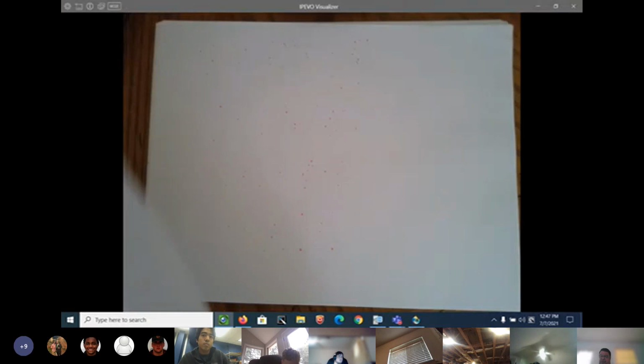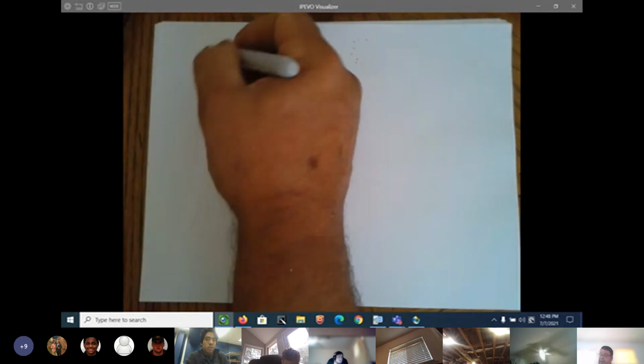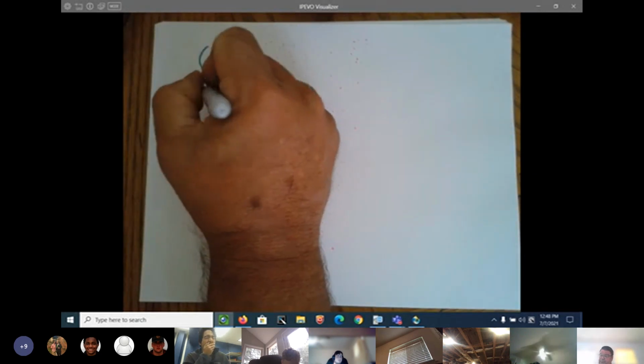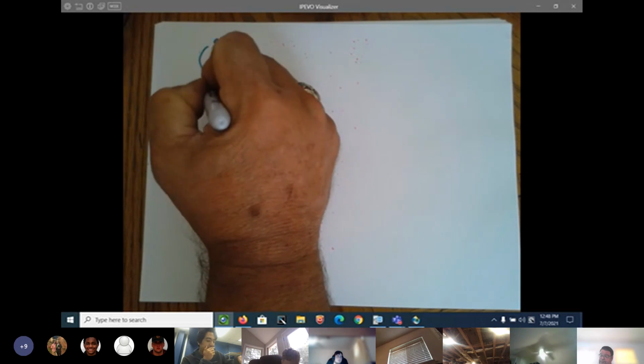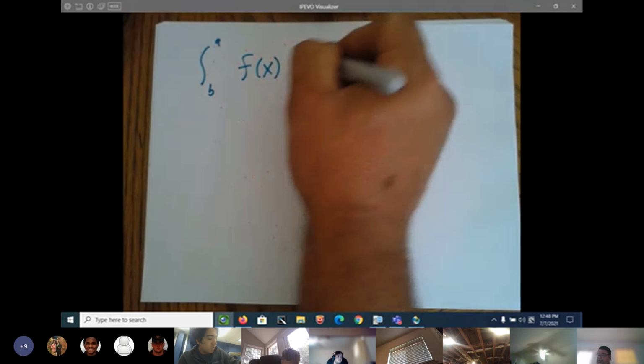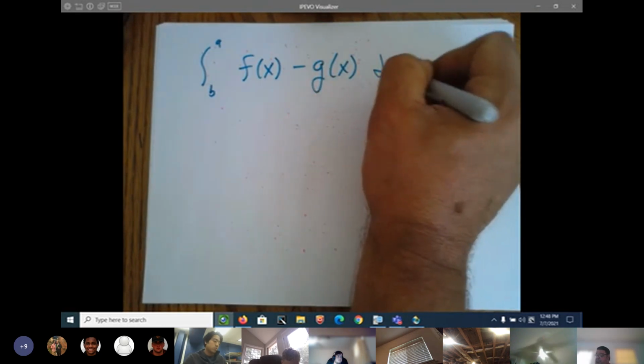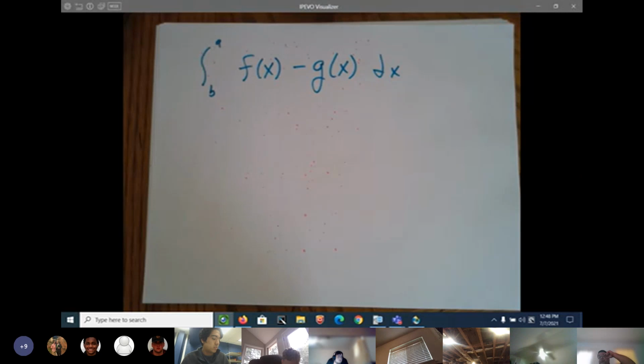How do you set up your antiderivative? What's the equation going to be? Well, it's always going to be the antiderivative from a to b of f of x minus g of x dx. That is the area between two curves.